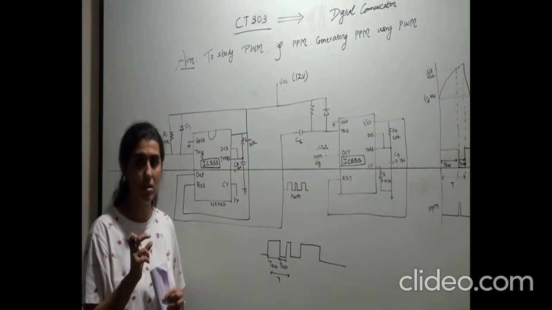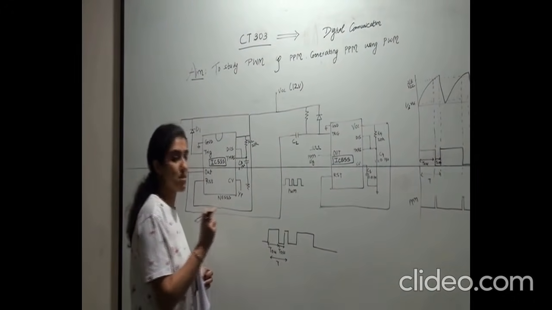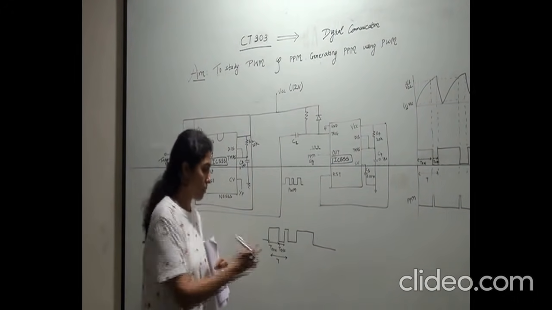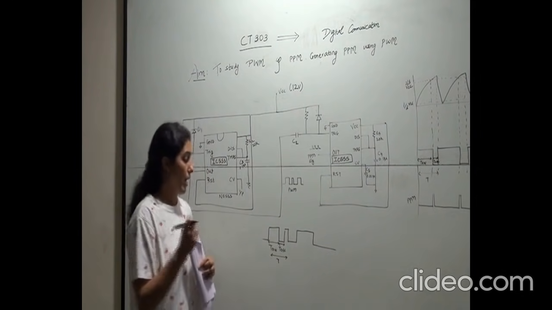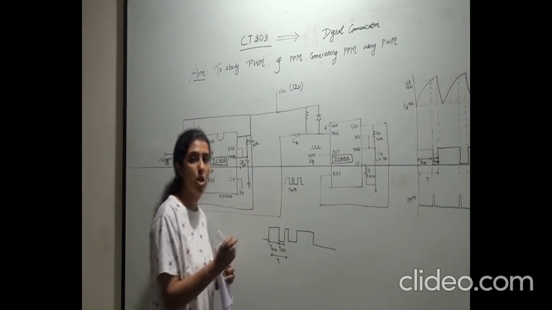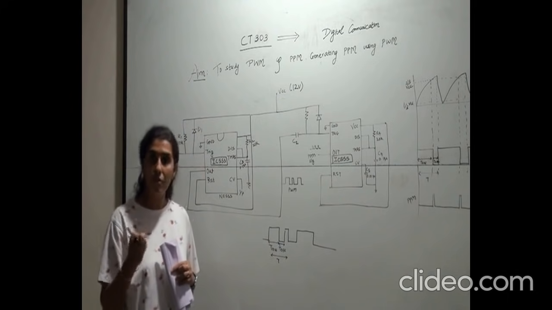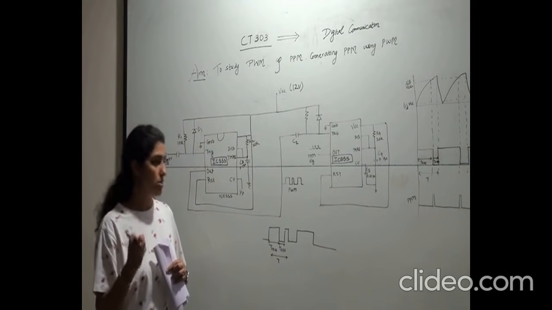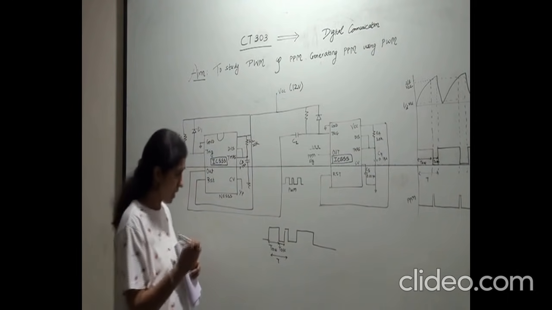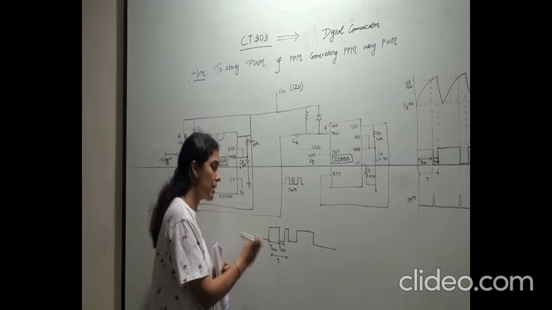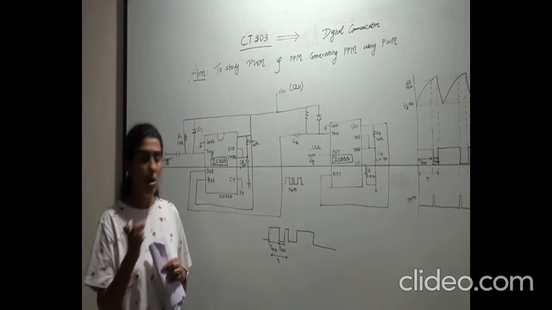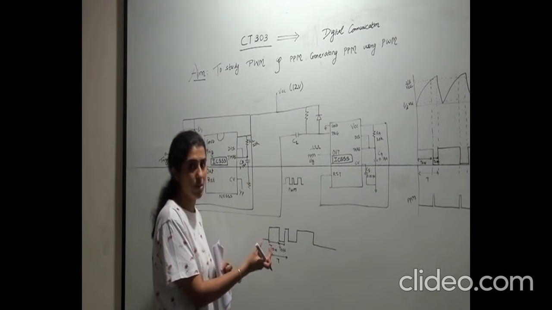What is the duty cycle? Duty cycle is basically T on divided by the total duration T. If my T on is equal to T off, then it gives us a 50% duty cycle, which is a square wave. In any other case, where my T on is not equal to my T off, we get a different width of the duty cycle.